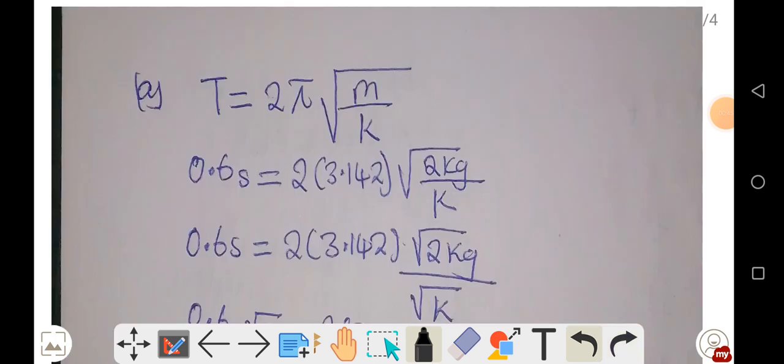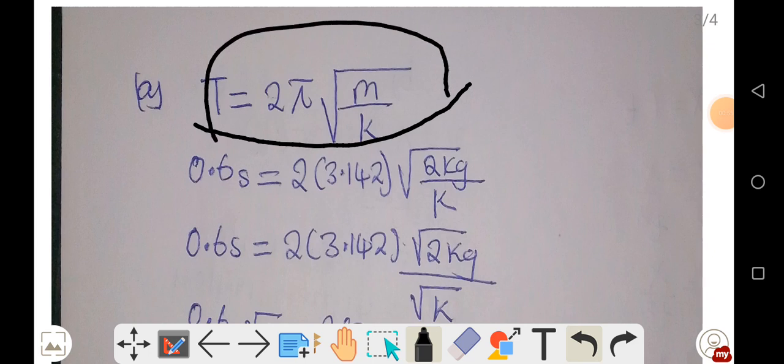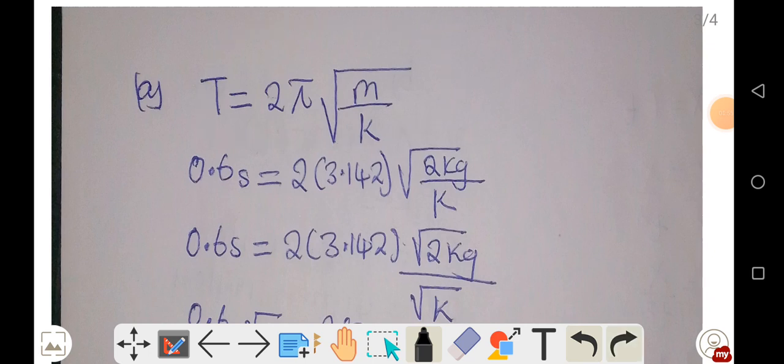To find the spring constant, we are going to use this equation here. The period is equal to 2 pi times the square root of m over k. The small letter m is the mass, and k is the spring constant.